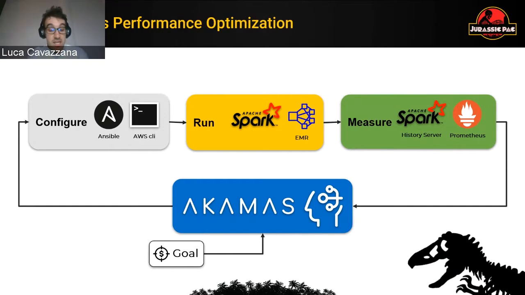And as with any other machine learning process, the key element is data. We need to gather a lot of data, which means that we have to run several performance tests.